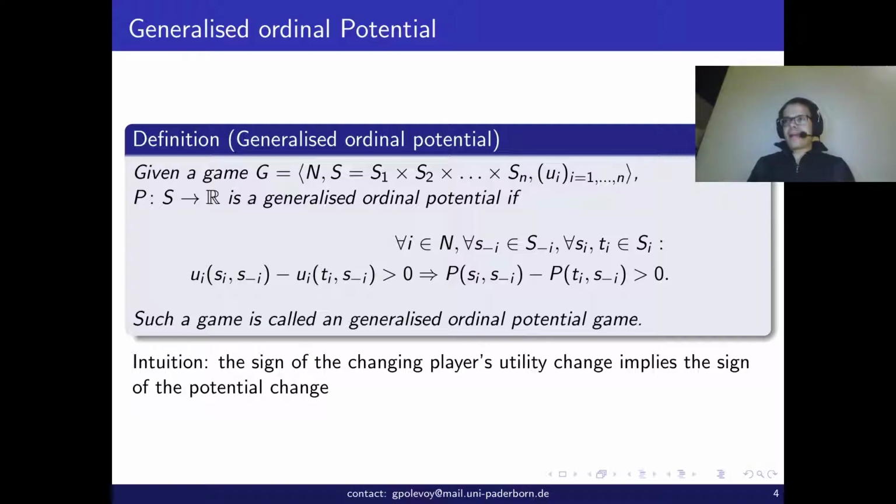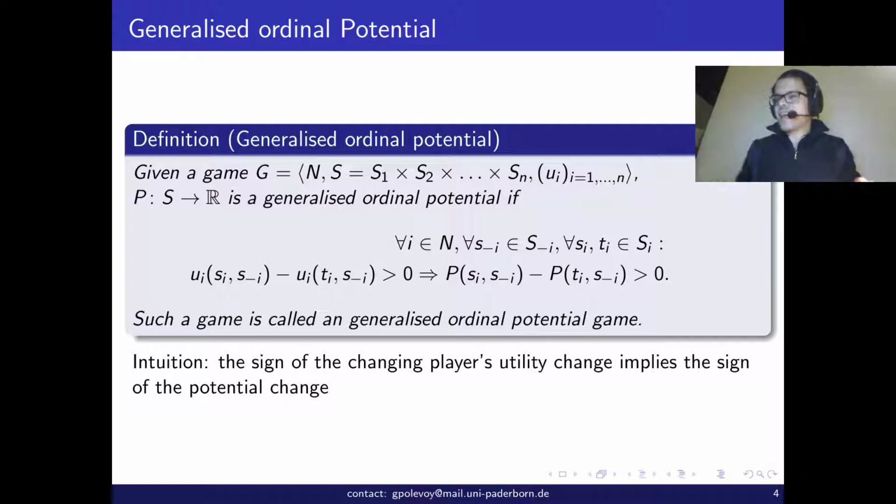And formally, a function P from the set of strategies to the set of real numbers is a generalized ordinal potential if for each player, for each set of strategies of the other players, and for each two strategies of this player i, if we look at the utility gain that player i obtains from changing from t_i to s_i, when the others keep doing s_{-i}, and that utility gain of the player who changes is positive, then also the gain of the potential function with the same arguments is positive.